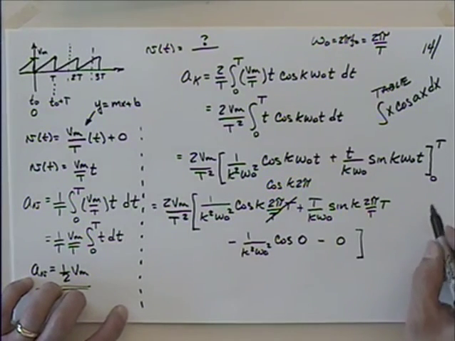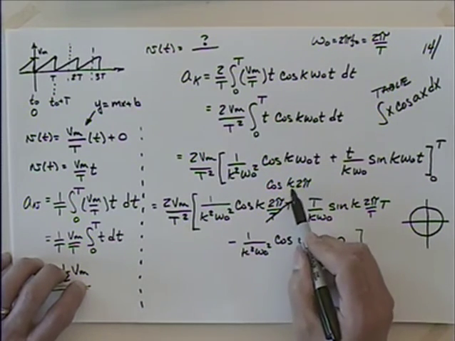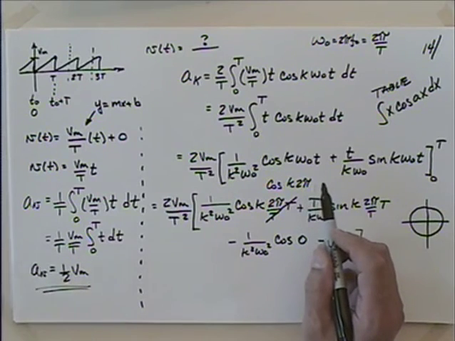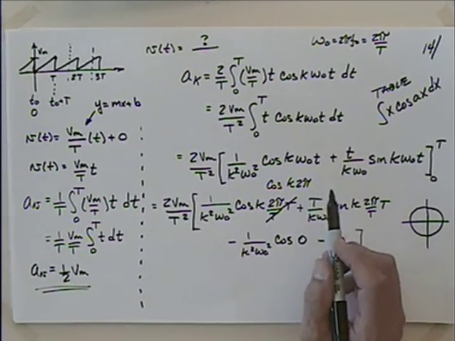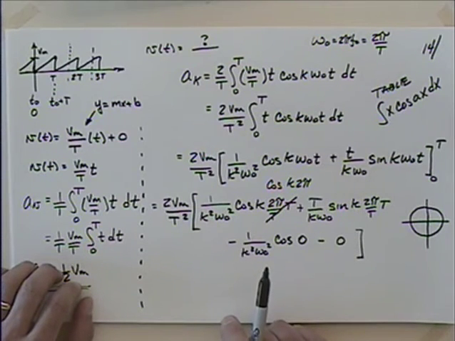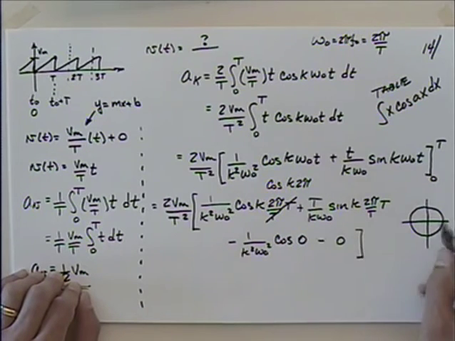So let's see. If I look at the unit circle here, cosine of k times 2 times pi. What's that turn out to be? When k is equal to 1, what do I get? 2 pi. So 2 pi is right there.